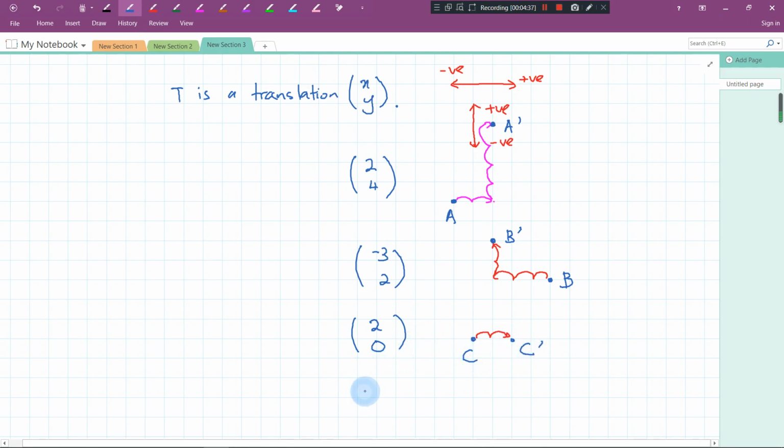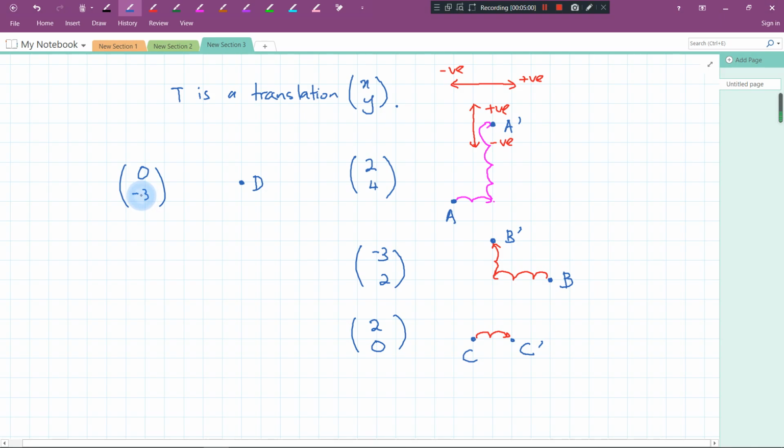Let's try one more. Let me write over here a translation, let's say (0, -3). Now I have an object over here, let it be D. 0 means that you don't have to move right or left, but you have a -3 here.